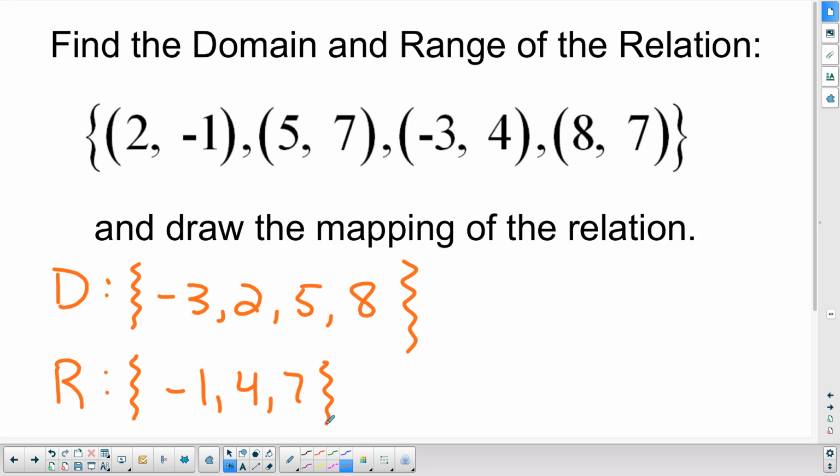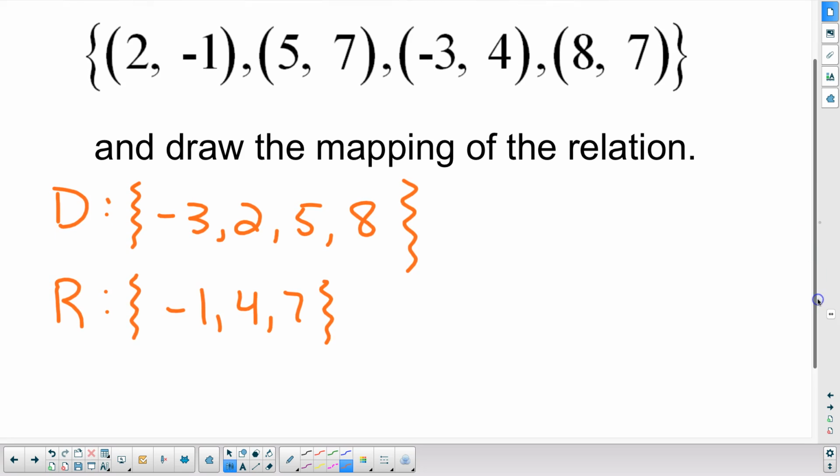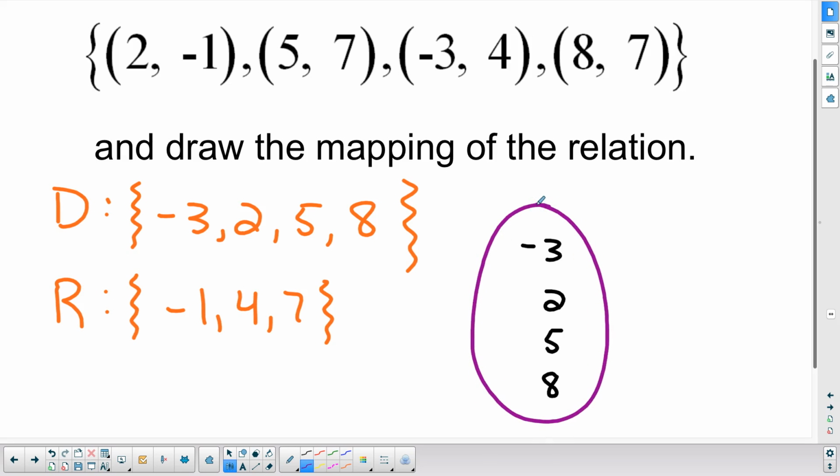Okay? So, a mapping now. Let's make ourselves a mapping. So I take the 4 elements, -3, 2, 5, and 8 of my domain, and I put them in a big old, we'll call it an oval. And then I take my elements of my range, and I put them in a big oval.